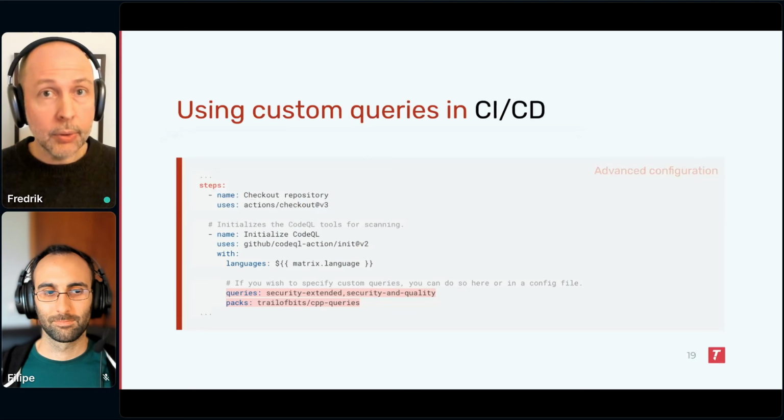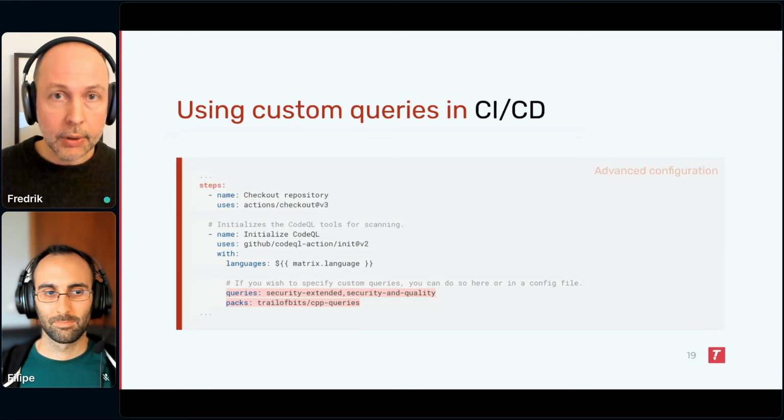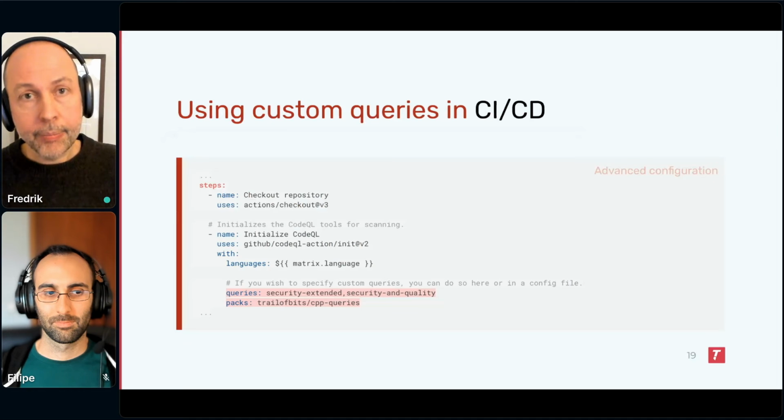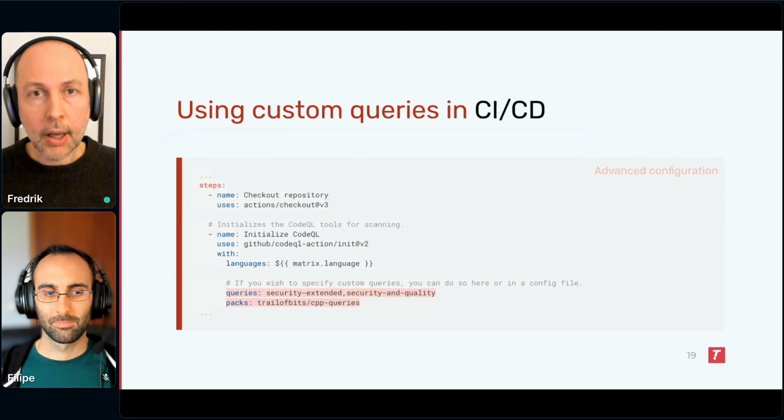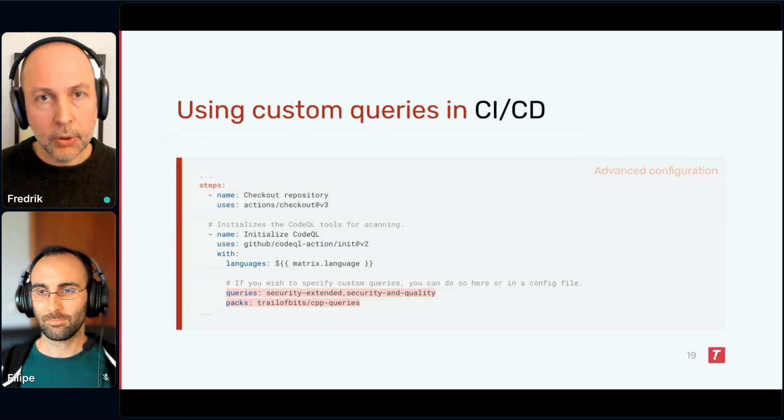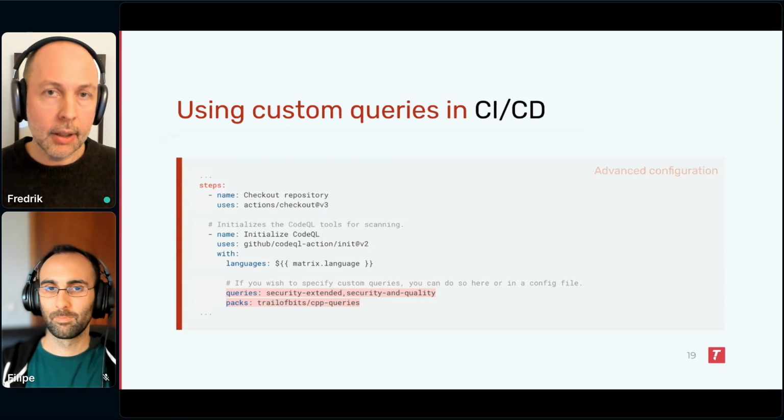A query suite is really like an abstraction on top of query packs, where you can bundle a set of query packs, for example, but you can also say that I want all the queries from these 3 query packs, but I only want those that are tagged with security and that give me high severity issues. So you can use query suites to slice things in a number of different ways.